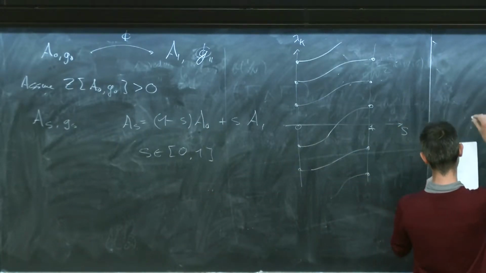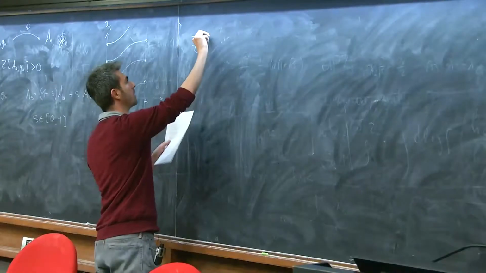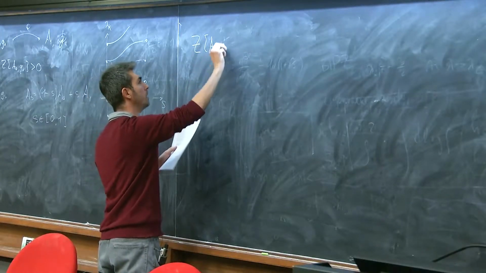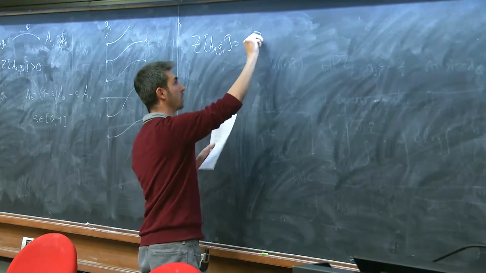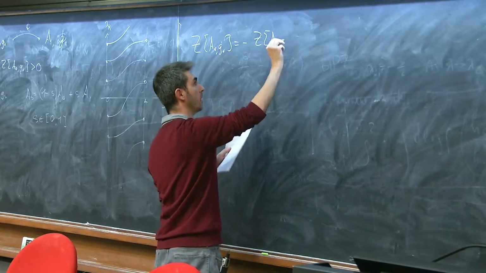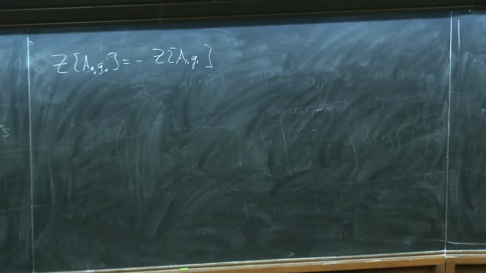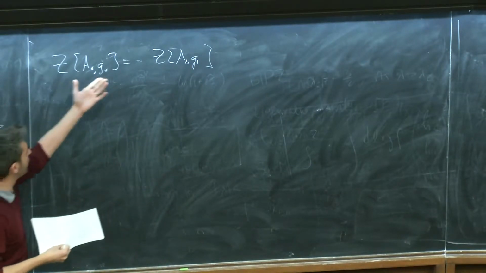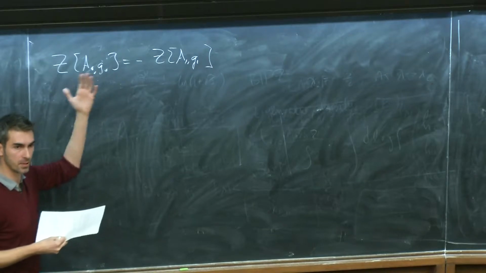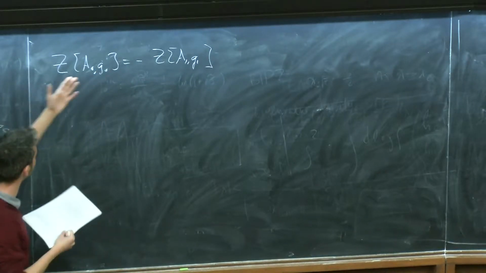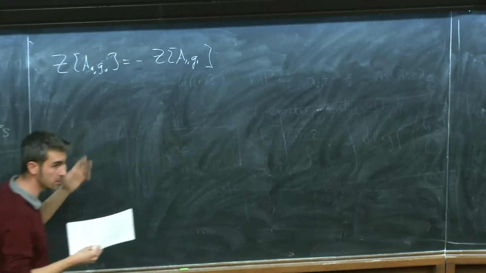And so in this situation, we would find that the partition function at A0, G0 is equal to minus the partition function of A1, G1. And so in particular, it cannot be gauge invariant, right? Because it is a gauge transformation, but it has picked up a minus sign.